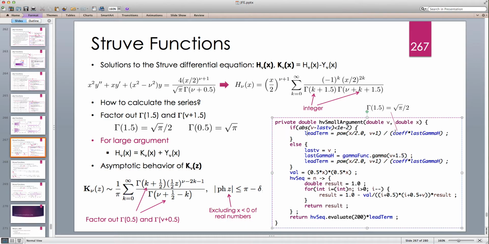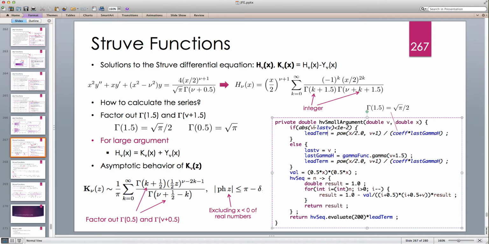If it is, we just use the last gamma for the h function and then multiply by this coefficient, and this coefficient is basically gamma of 1.5, which is the square root of pi over 2. All right, and last gamma h is basically gamma of nu plus 1.5. And then the lead term also has a term of x over 2 to the power of nu plus 1, right? So we have to calculate this power.